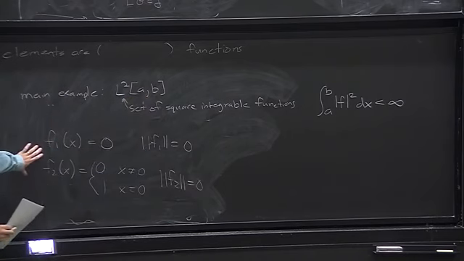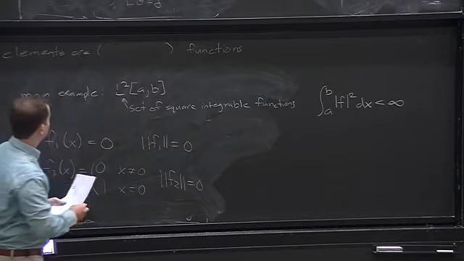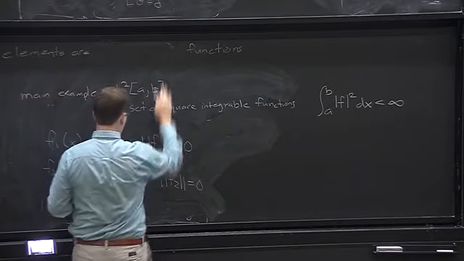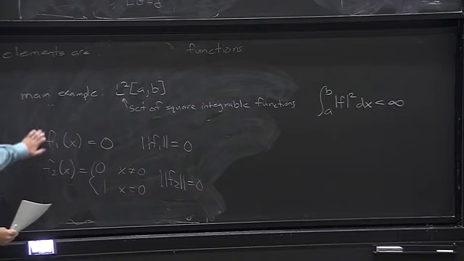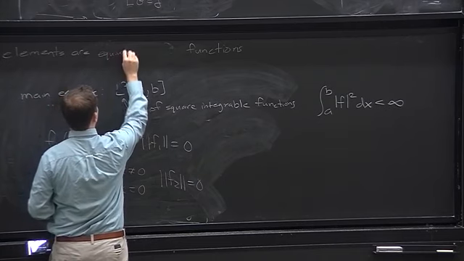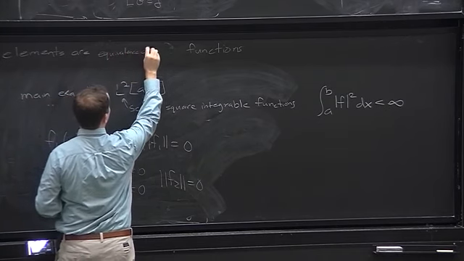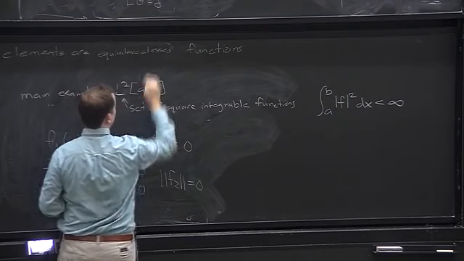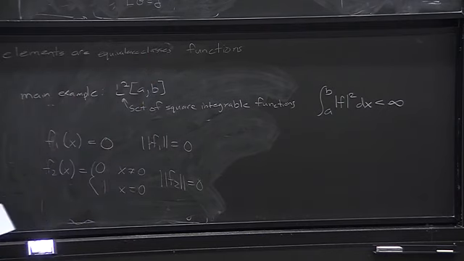So we need to identify these functions if we're going to treat this as a vector space. We just need to say that they live in the same equivalence class. And so two functions are in the same equivalence class if they just differ at a finite number of points.